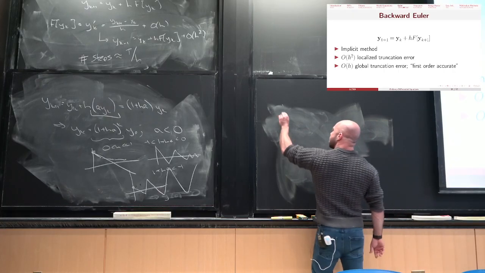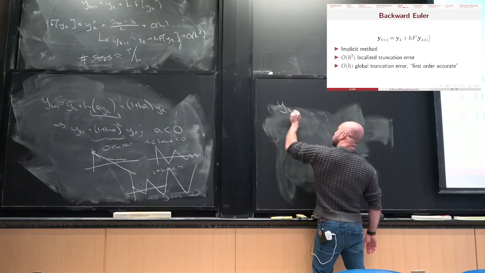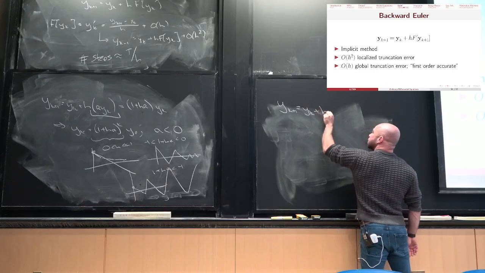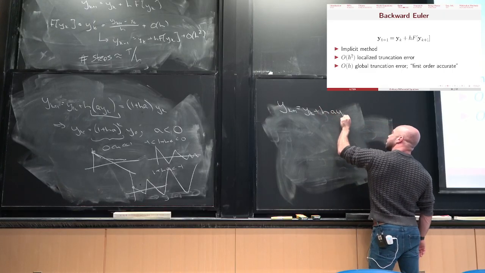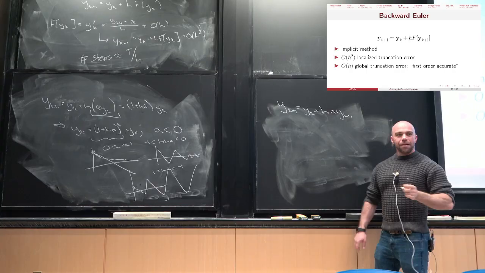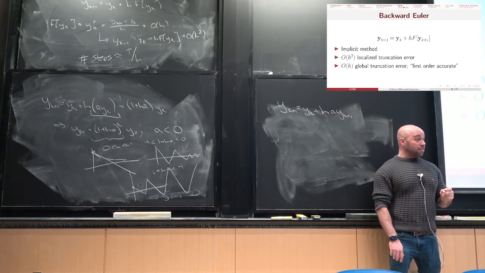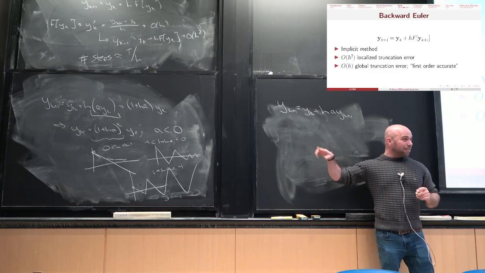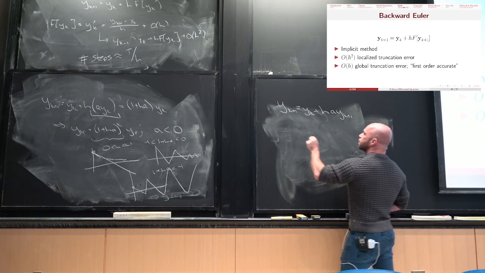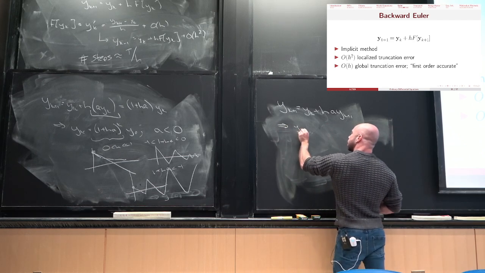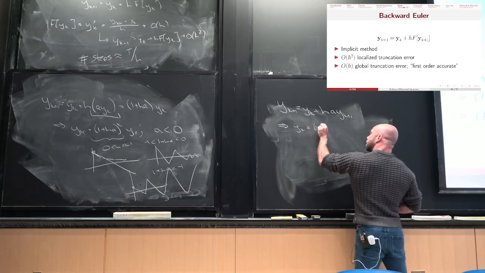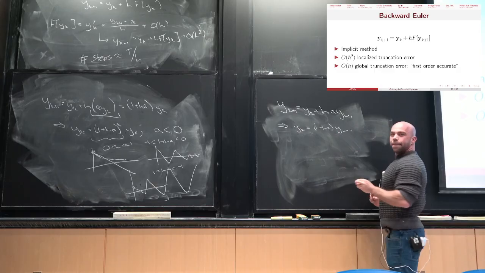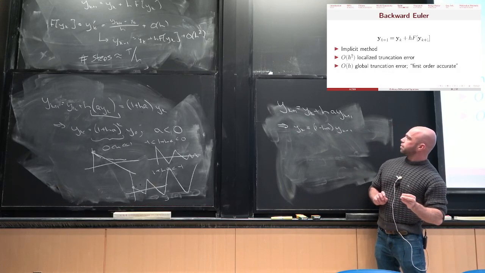So in particular, now we have yk plus 1 is equal to yk plus h times a yk plus 1, right? So first of all, notice that this is a system we have to solve for yk plus 1. Even in this case, we have to do a little bit of algebra, right? So here, of course, we have that yk is equal to (1 minus ha) yk plus 1, I believe.